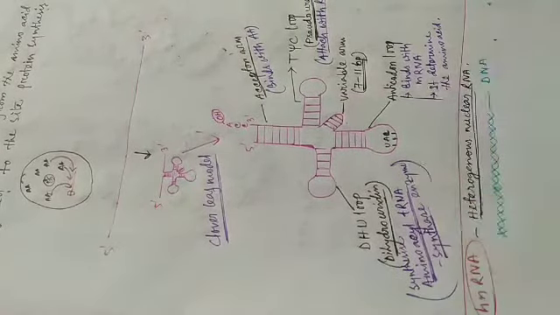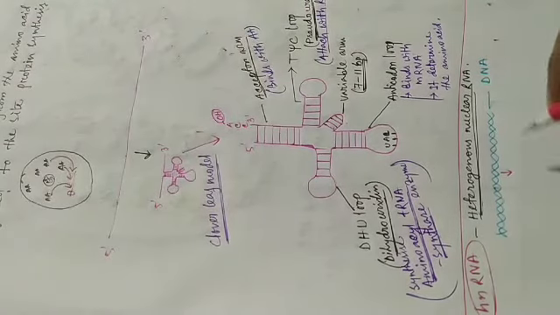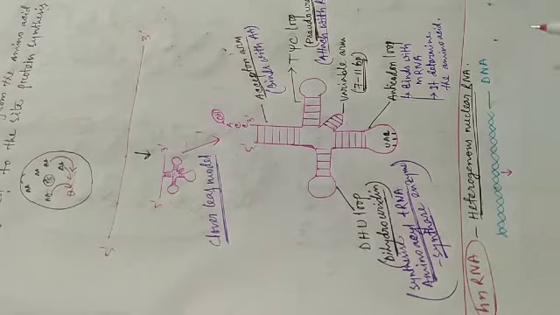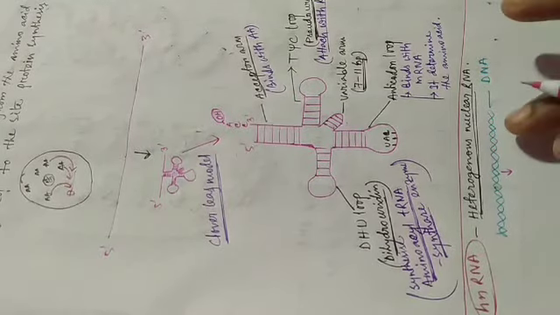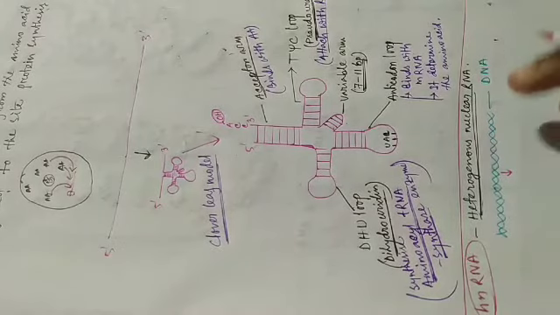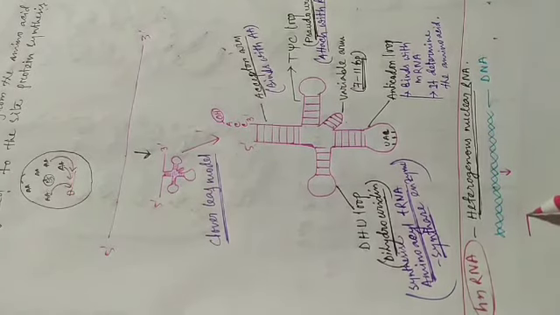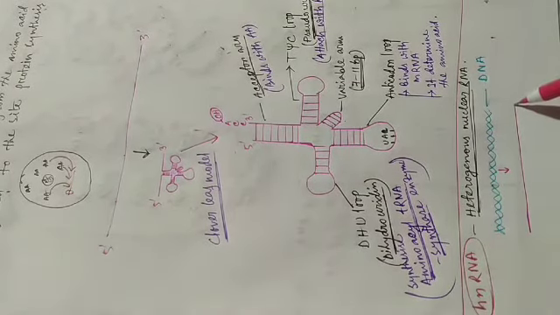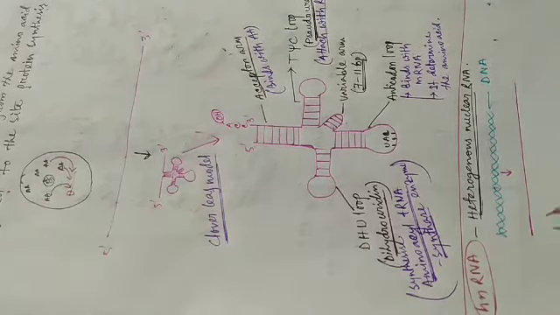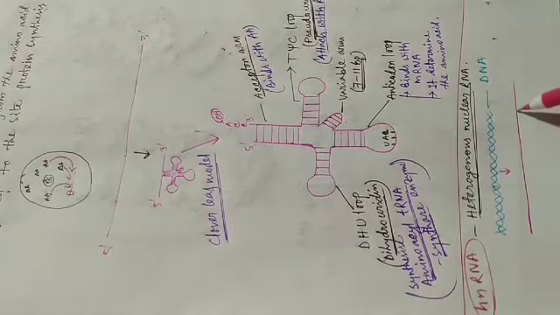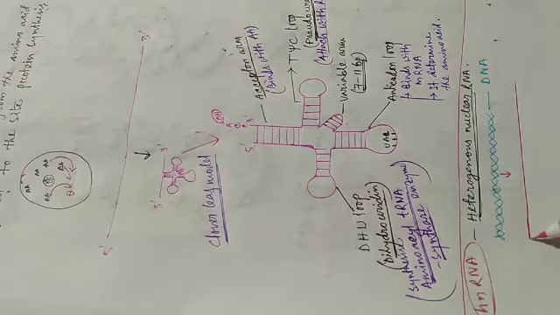RNA is synthesized from the template strand of the DNA. Previously I told you that RNA is synthesized or produced from the DNA. So from DNA, a single-stranded RNA will be produced.